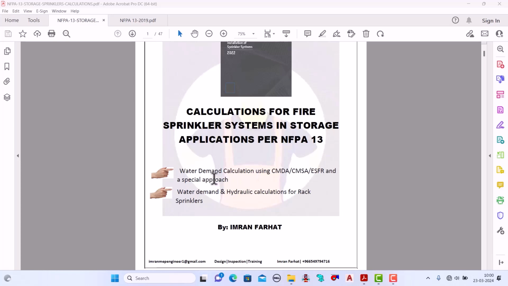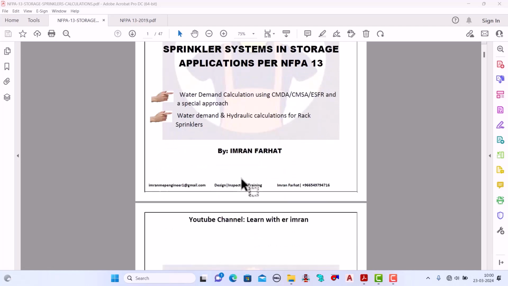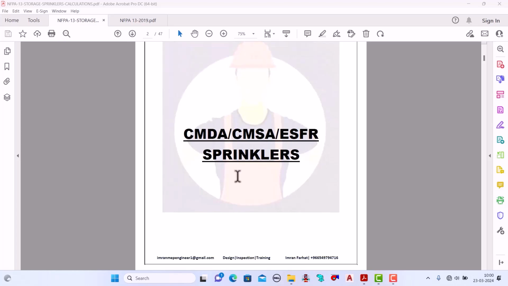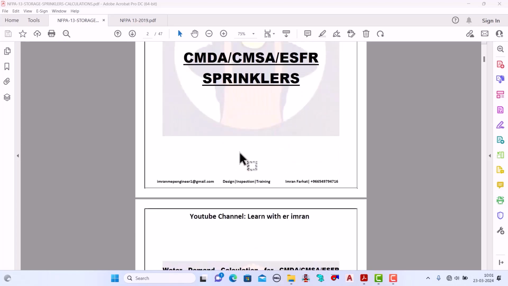And also we will cover the rack sprinkler. The storage type sprinklers we normally use in a storage are only these 4 types. First one is CMDA, second one is CMSA, these are types of sprinkler, don't be confused, and ESFR, and one is extended coverage sprinkler.